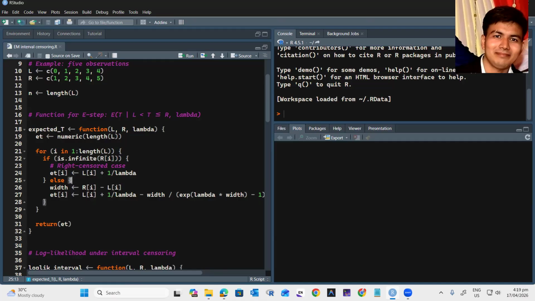In the right censored case, the conditional expectation, that is the expected value of t given that t is greater than L, is basically L plus 1 upon lambda, that we have discussed in several EM algorithm problems earlier. So this code uses Li plus 1 upon lambda.